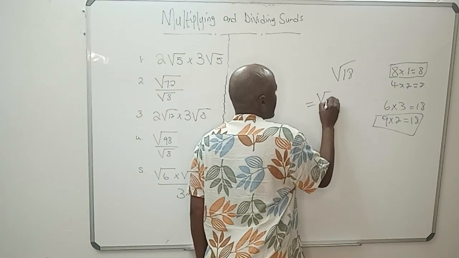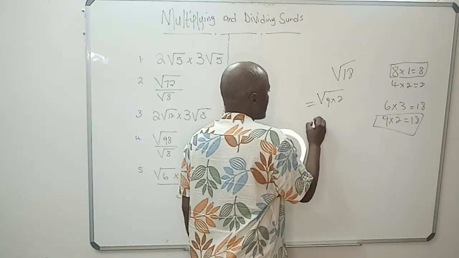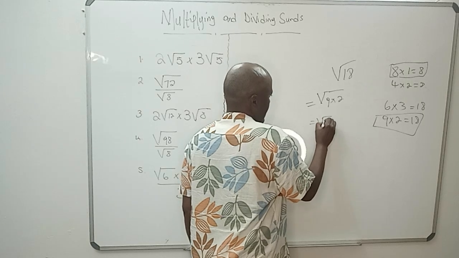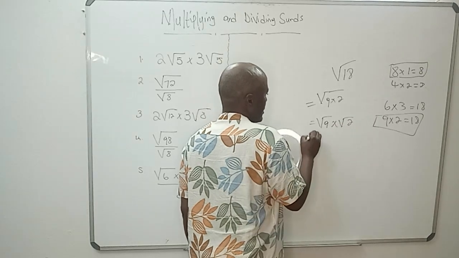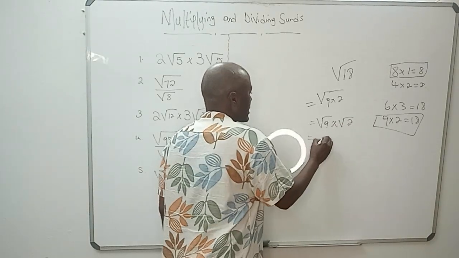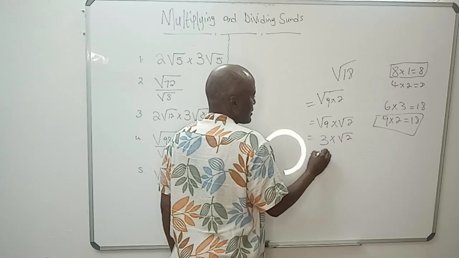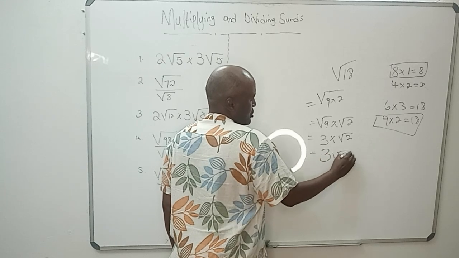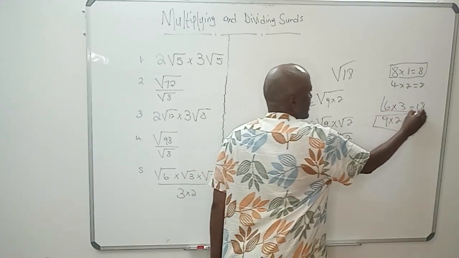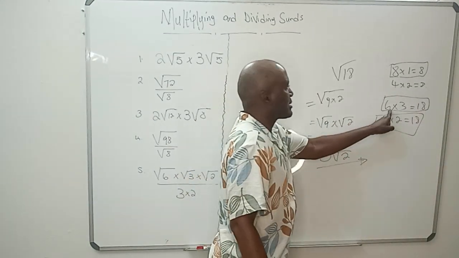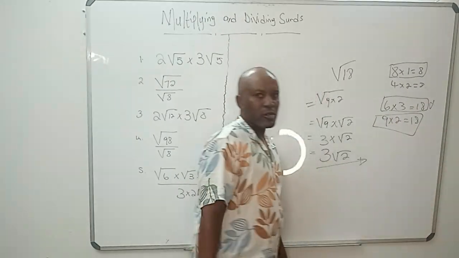It's going to be 9 multiplied by 2. Then we split: square root of 9 multiplied by the square root of 2. Then we simplify the square root of 9, we get 3 multiplied by the square root of 2. Then the answer is 3 root 2. That is the answer. We cannot take these factors because 6 is not a perfect square. So this will not be taken.